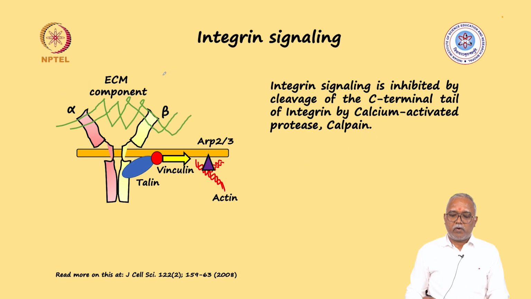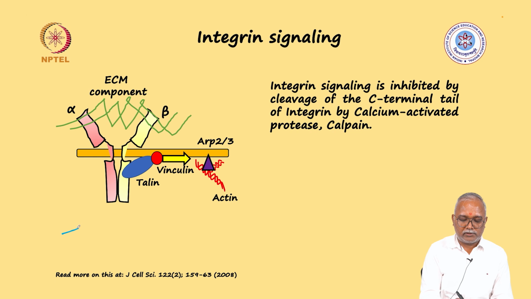Now when we talk about any signaling which is activated, it has to be discontinued as well, and for that, like we saw in case of integrin signaling, the activation started with TALIN inhibition removal.